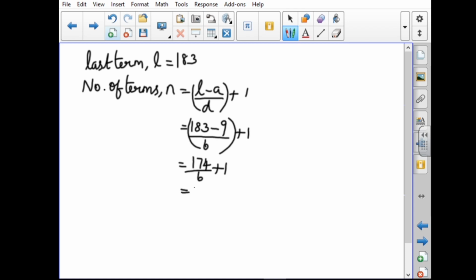The answer will be 29 plus 1, that is equal to 30. So n equal to 30, which is an even number. So we are having two middle terms.